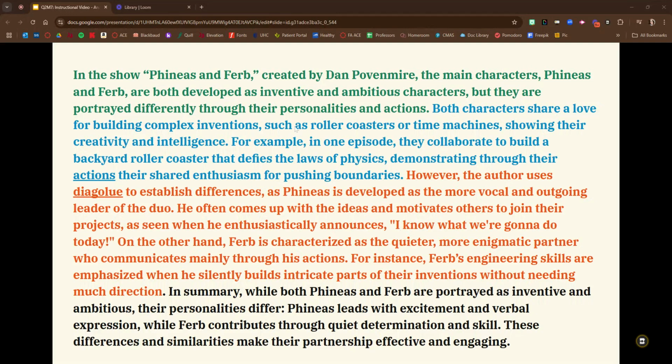And I identified that it's through their actions that they are developed similarly. But then their dialogue is what shows a difference. And then I talk about that. And again, I use for example and for instance. Those are great transition words to help you when you are doing specific examples. And then at the end, I have my summary.